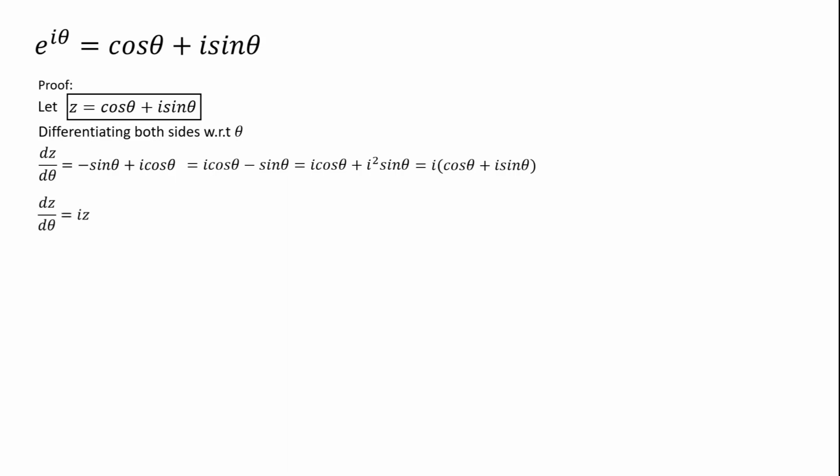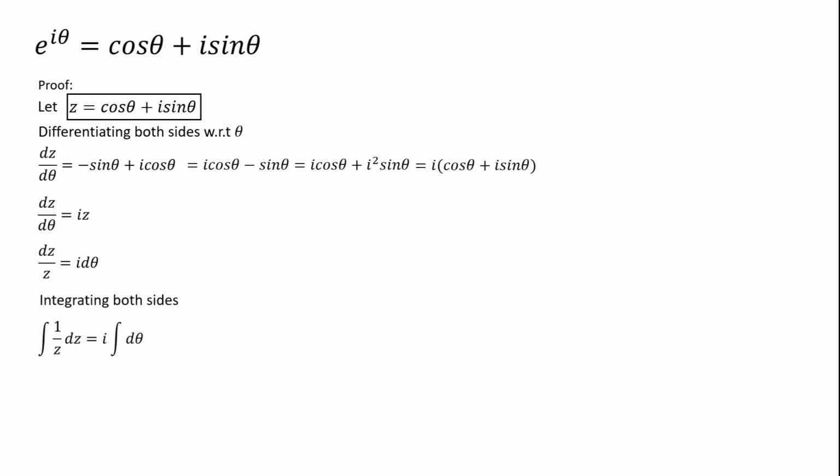So we will replace it, and we will have dz over d theta is equal to iota z, and by cross multiplication we will have dz over z is equal to iota d theta. And now we have come to the part of integrating both sides.